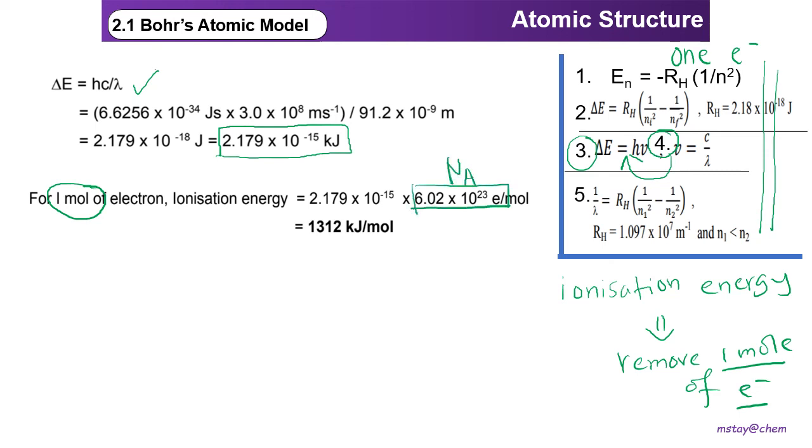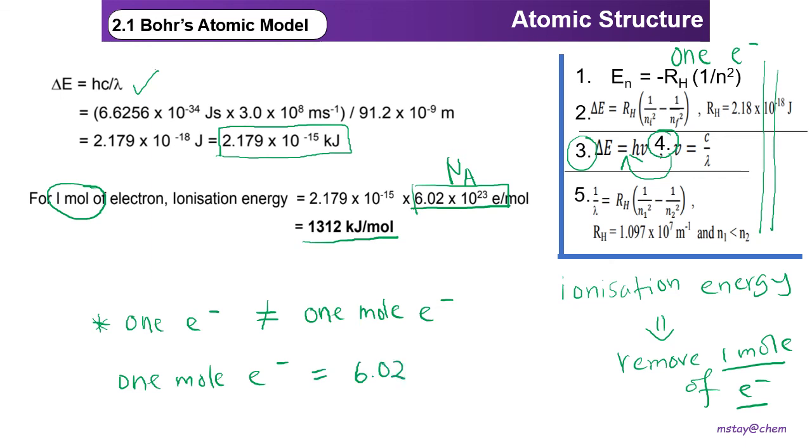After we multiply with the Avogadro constant, keep it in the unit of kilojoule per mole, which will be 1312 kilojoule per mole. Reminder again, one electron is not equal to one mole of electron, because one mole of electron is equal to 6.02 exponent 23 electrons.